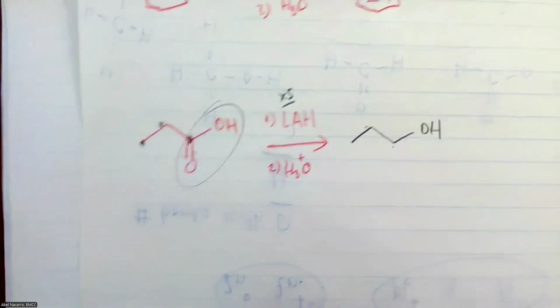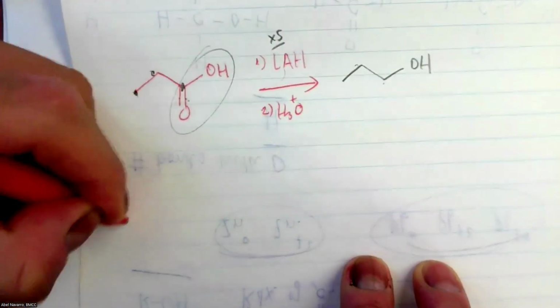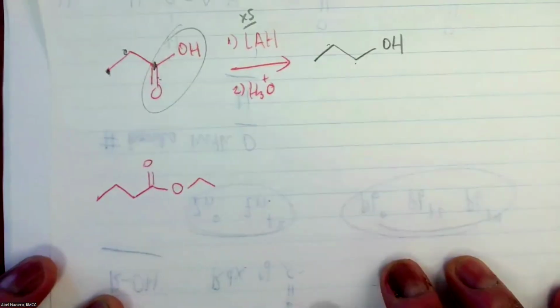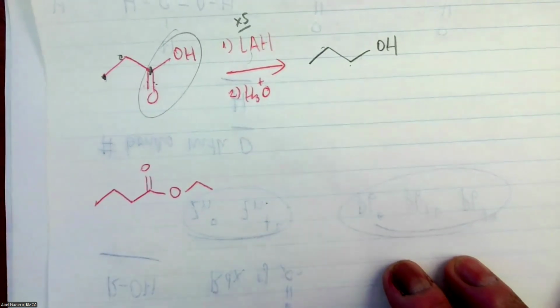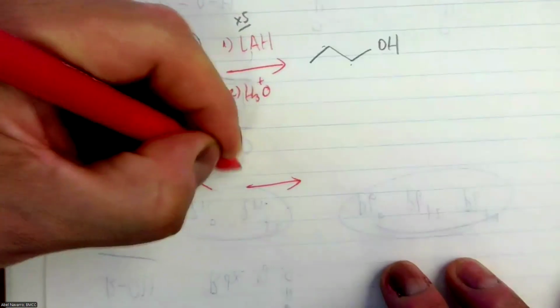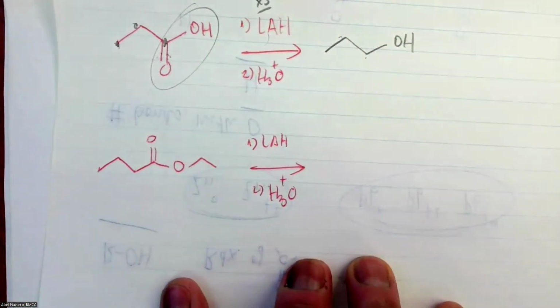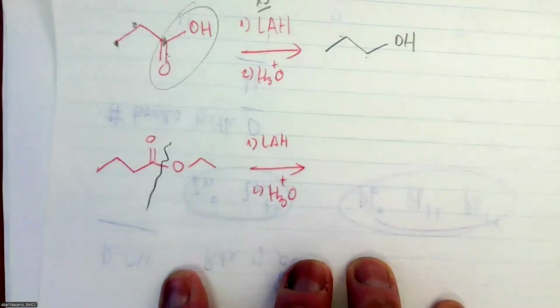Okay. So what is the other compound? Esters. Esters can also do it. If you reduce an ester, you actually get 2 alcohols. Why? Because the ester will get broken in the middle.